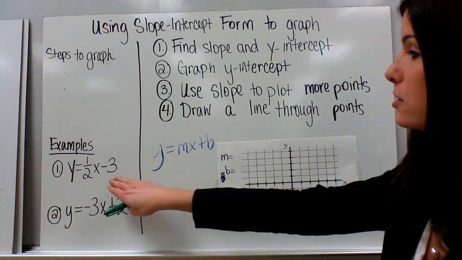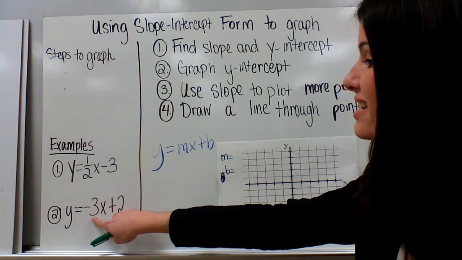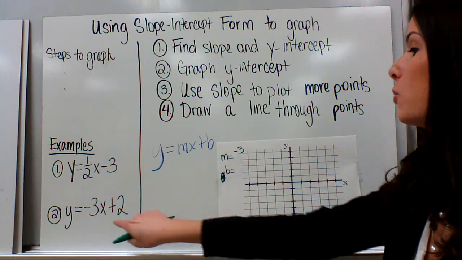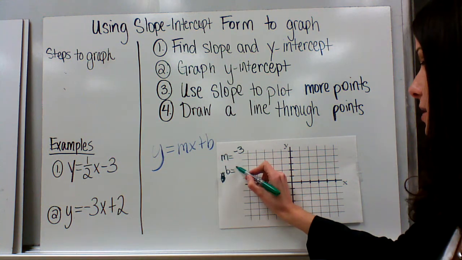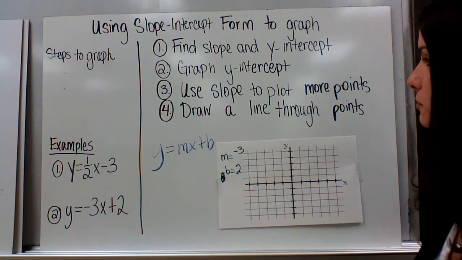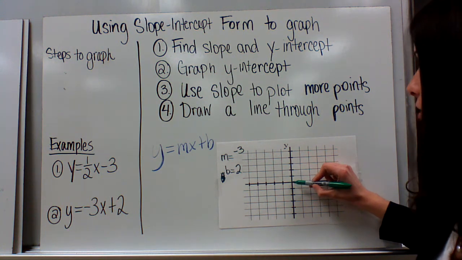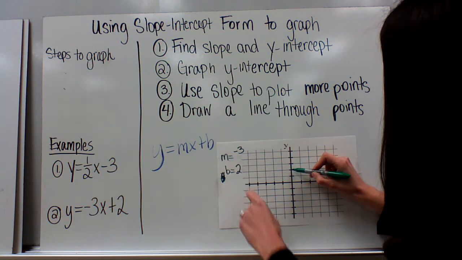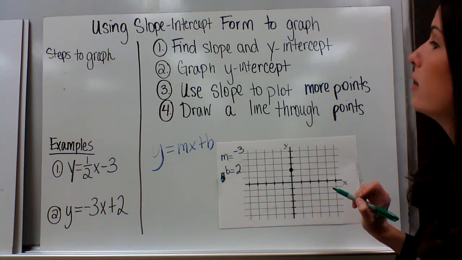Okay, slope is right in front of your x, and so that is -3. And your y-intercept is at the end, and since it's adding 2, your y-intercept is +2. Second, I'm going to graph my y-intercept, so I'll start at the origin, and I'm going to graph 2. So I'm going to go up 1, 2, and put a point right there.